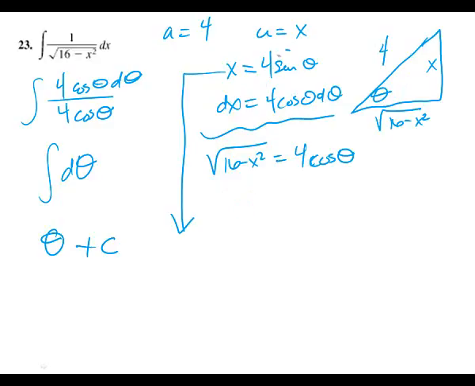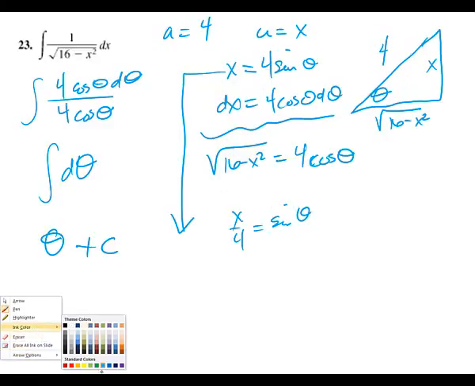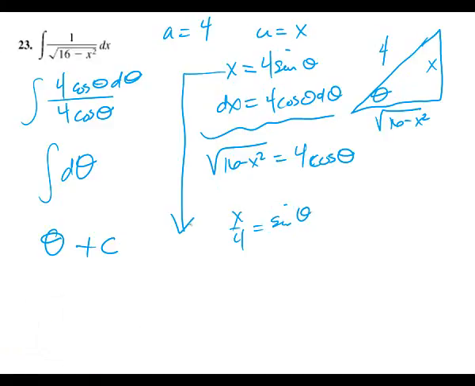How do I move the 4 to the other side? Divide, it equals sine theta. And then how do we undo a sine? You arc sine it, right? So we're going to arc sine both sides. You end up with arc sine x over 4 equals theta.